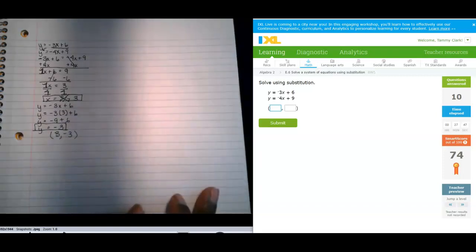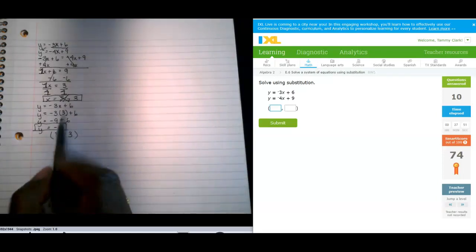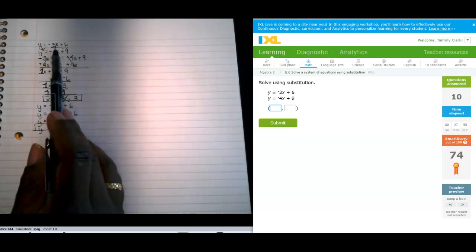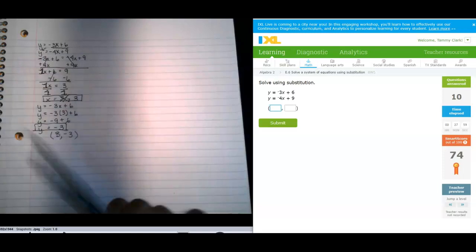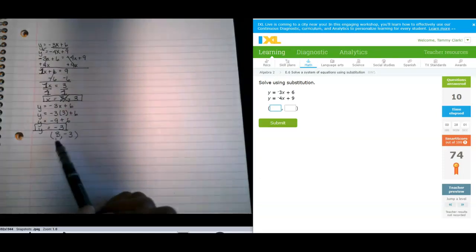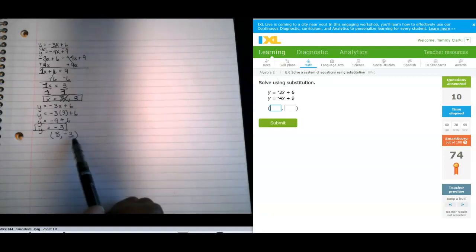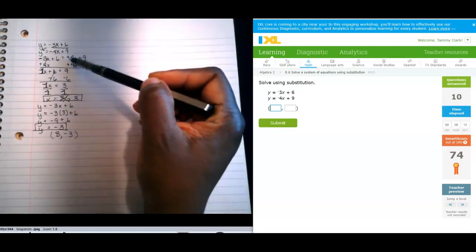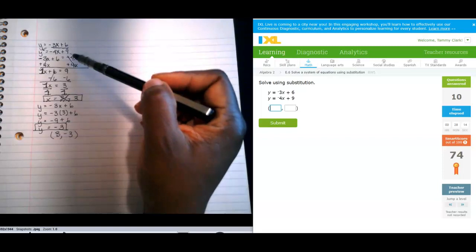Now, what if I had checked it? Basically, if I had put this 3/7 into either one of these equations, it would have made one true but not the other true. So this goes back to substituting values to see if both lines come out with the same value.